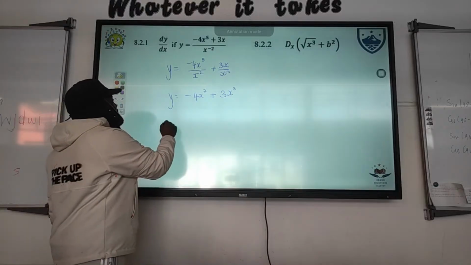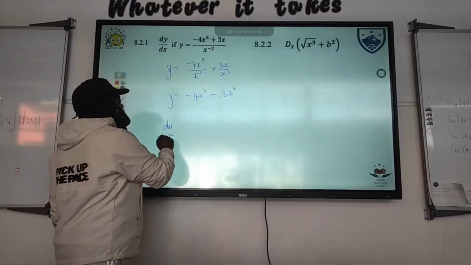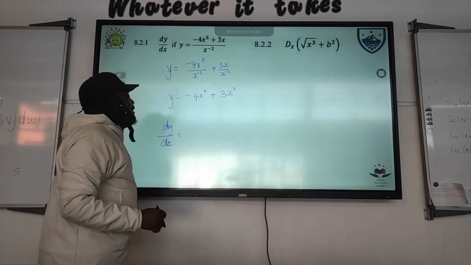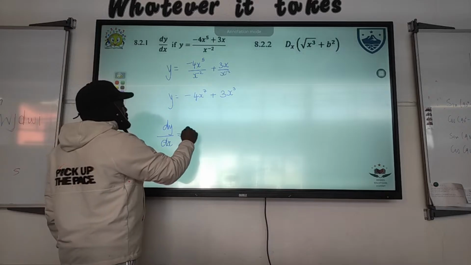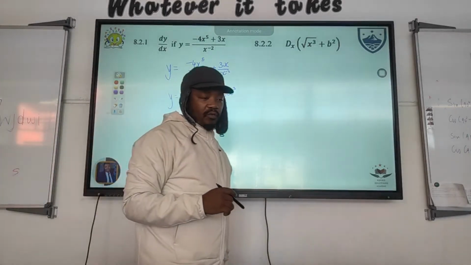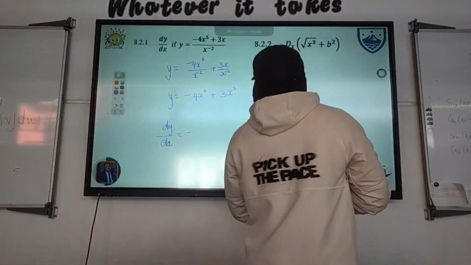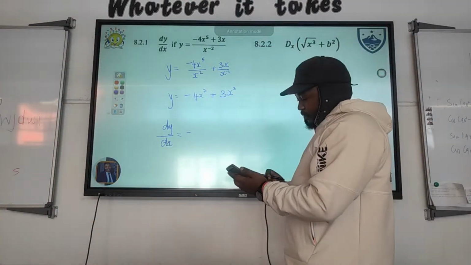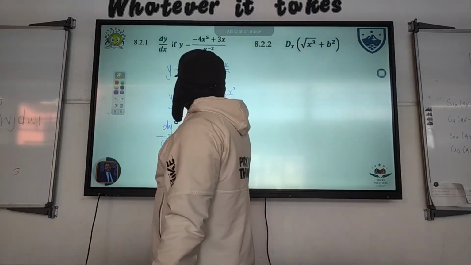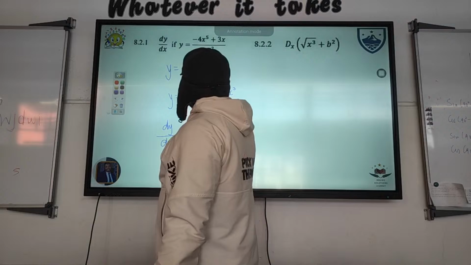And then we say dy/dx, because everything in the exponential format will be equal to 7 times 4, which is 28. We have 28, and then x to the power of 6.